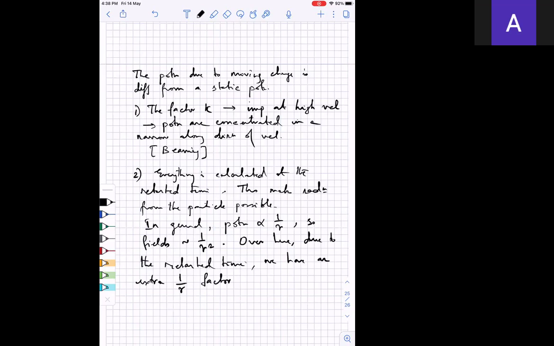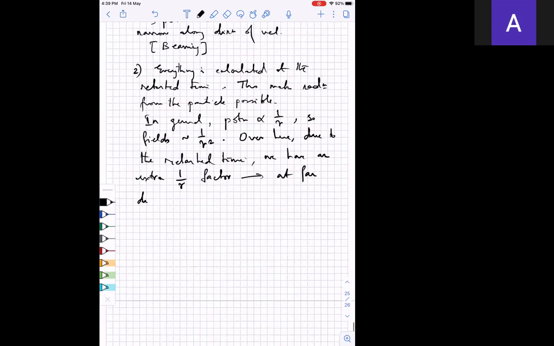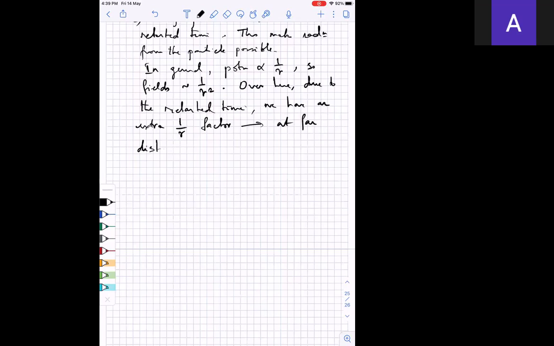And so as you go to larger and larger distances, 1 by r dominates. So at far distances, 1 by r dominates. This basically means there is radiation propagating at far distance.